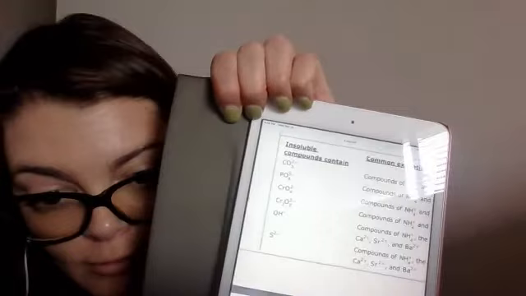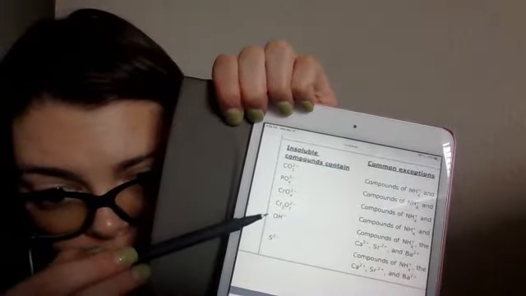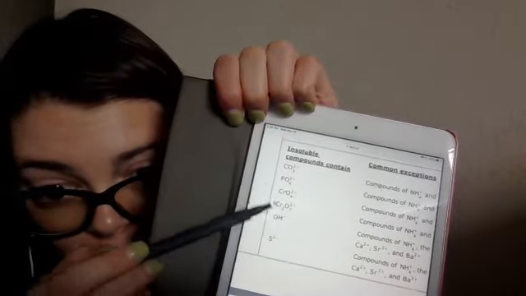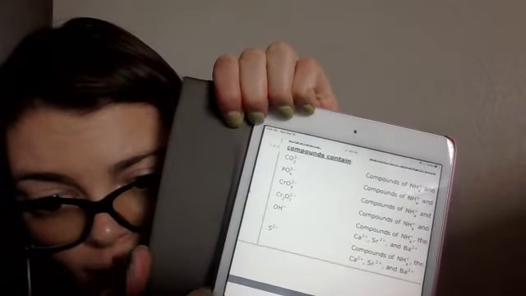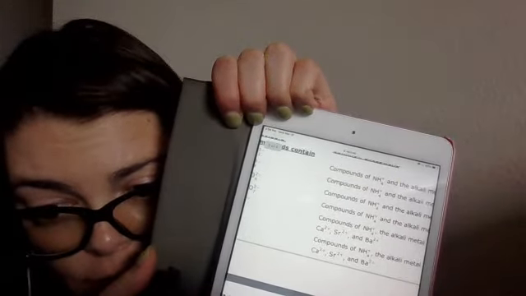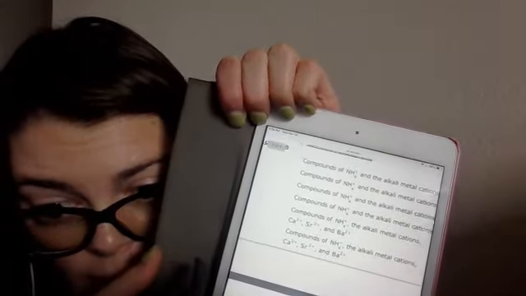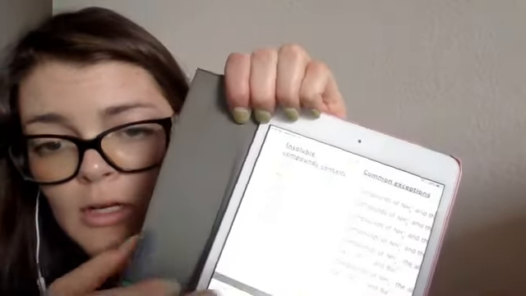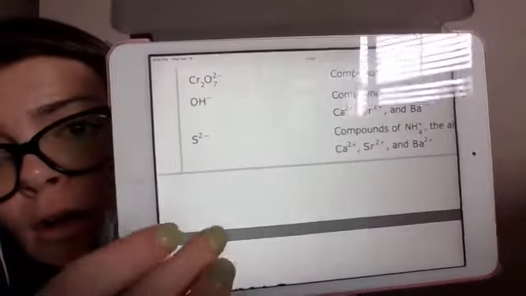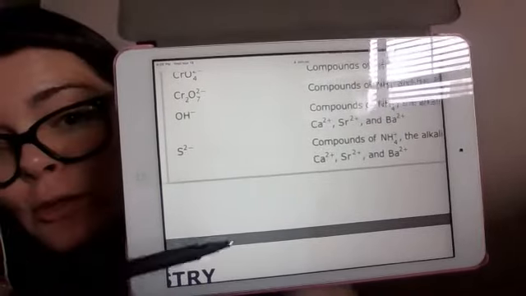CaOH. So we have to find OH, which is right here. And it says it is insoluble unless it is with NH4, an alkali metal, calcium, strontium, or barium. So OH is insoluble unless it is with one of these things. I asked you to do CaOH2.